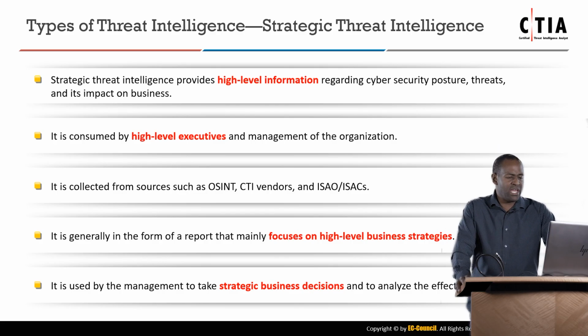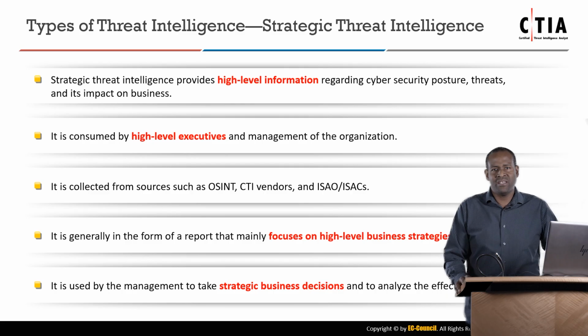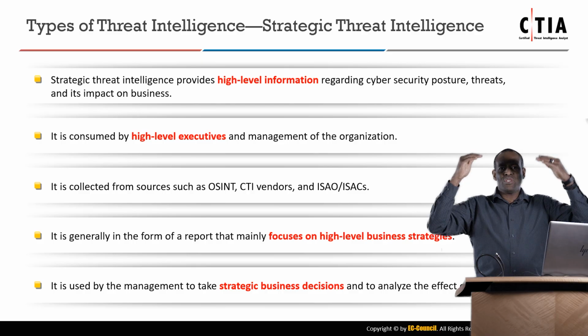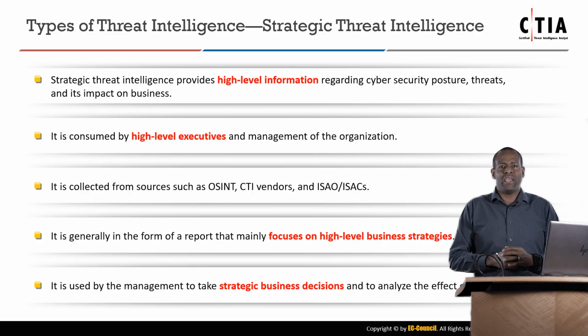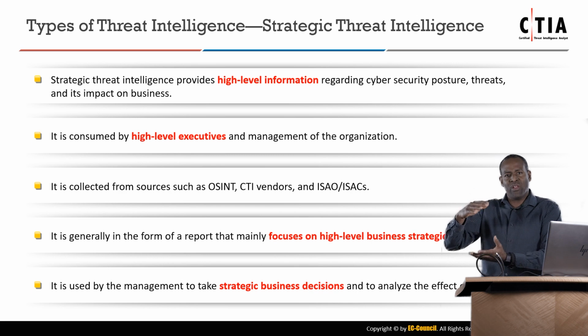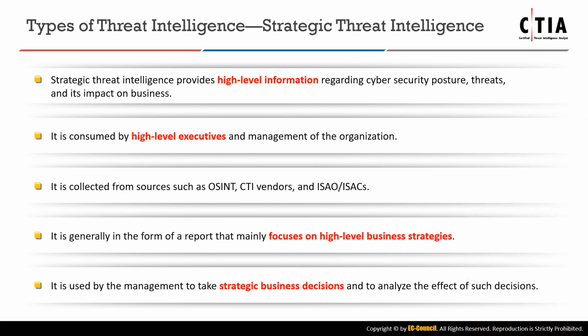It is generally in the form of a report that mainly focuses on high-level business strategies. So you'll have some type of high-level summary, business summary, where it shows you overall what's going on. And then from there, you'll have an outline. And then after the outline, you'll have all of the areas covered in a report.